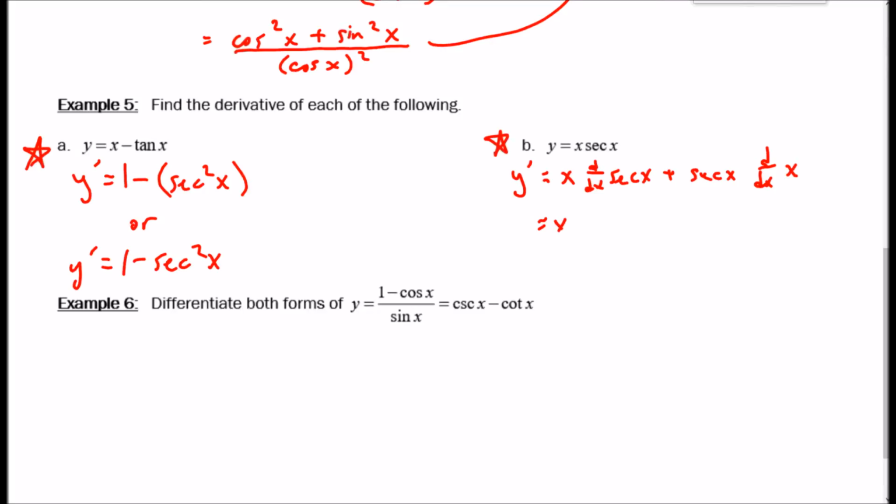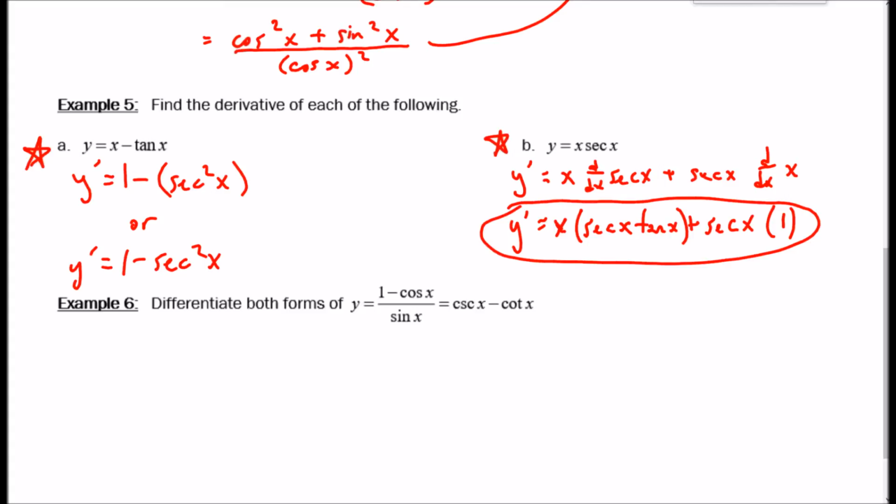And then we look in our chart, and you see that the derivative of secant x is secant x tangent x, plus secant x times the derivative of x, which is 1. So there's your derivative.